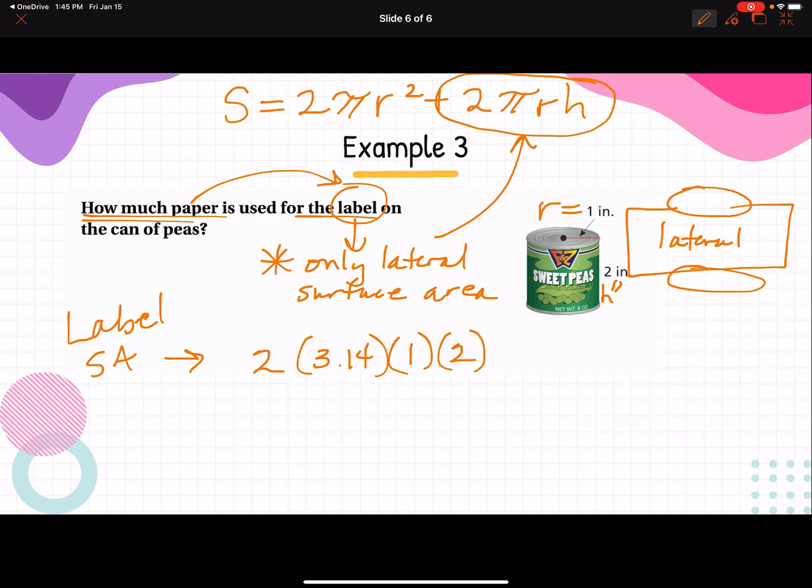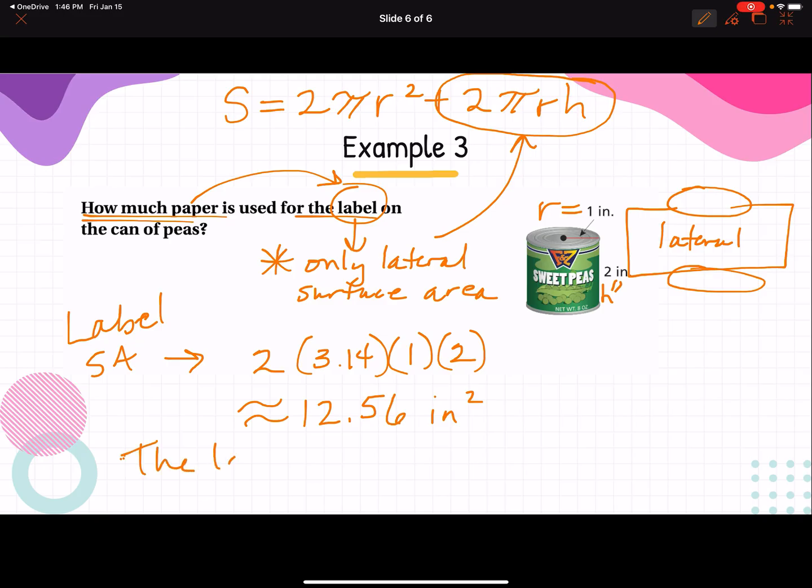So I can put this directly into my calculator. 2 parentheses 3.14 parentheses 1 parentheses 2, press enter, and we're going to get approximately 12.56 inches squared. So, answering the question, how much paper is used for the label on the can of peas?